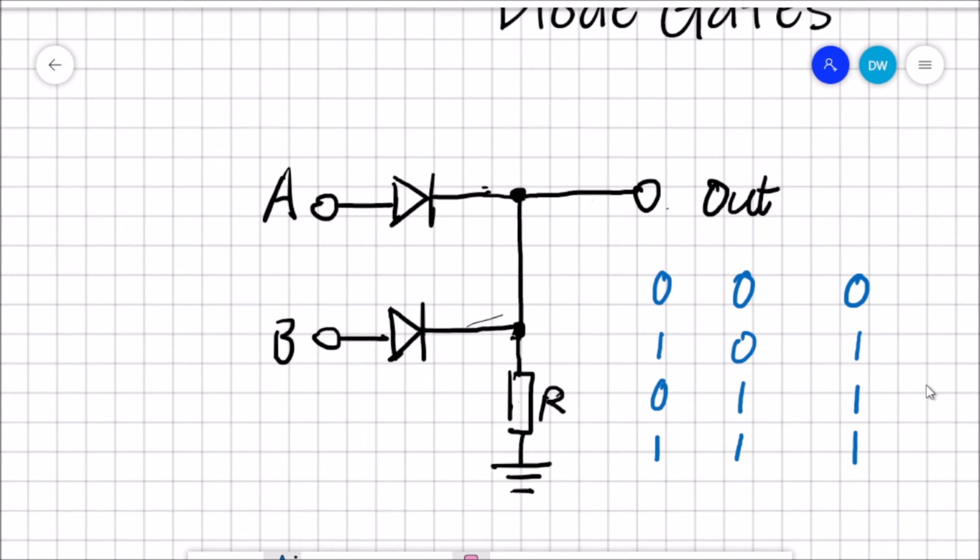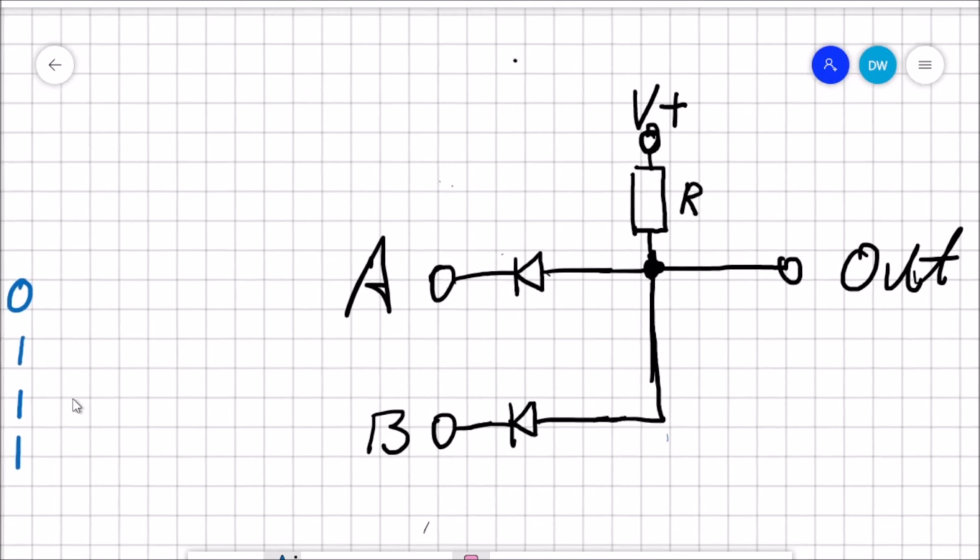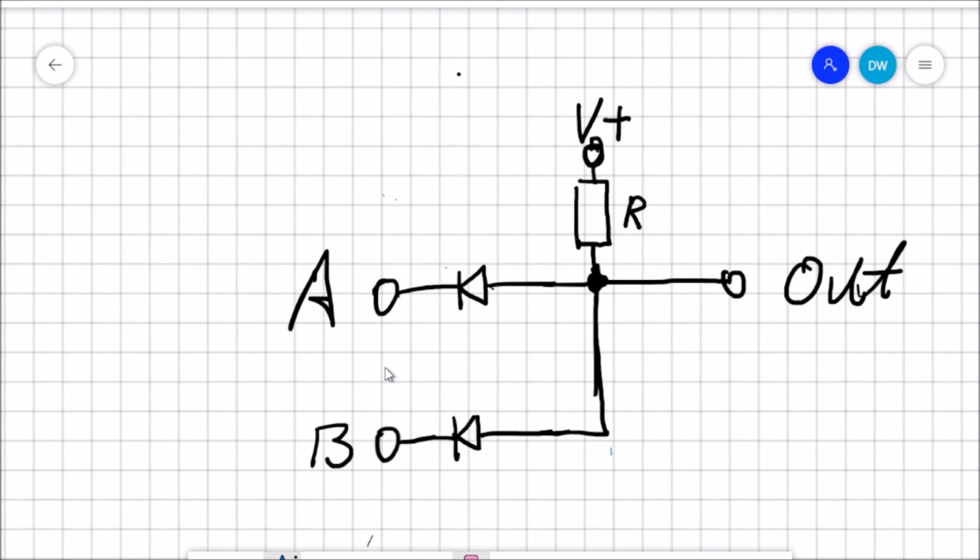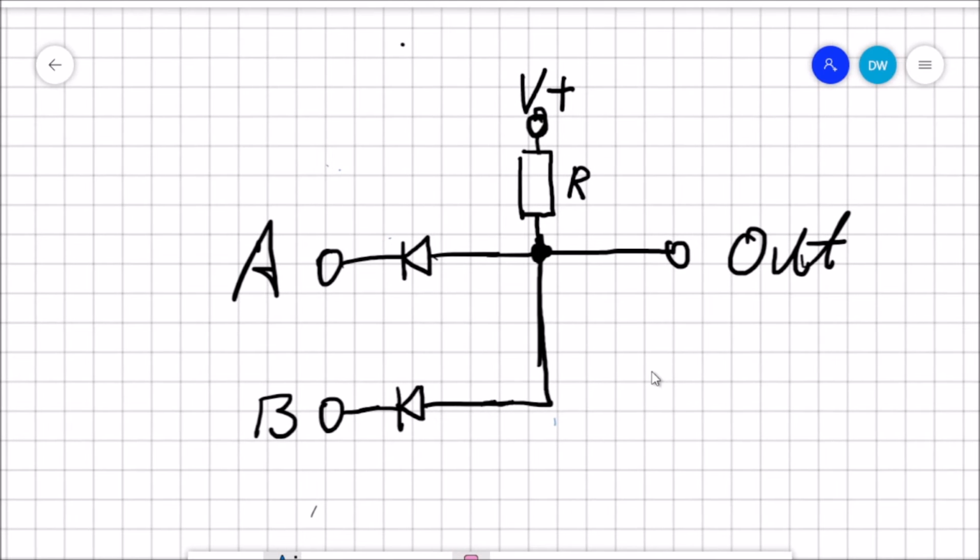Let's look at something slightly more complicated. Okay, big difference, as you can see. These are not grounded, but there is an active voltage source. So what does this actually do? Well, let's imagine we have both of them off.